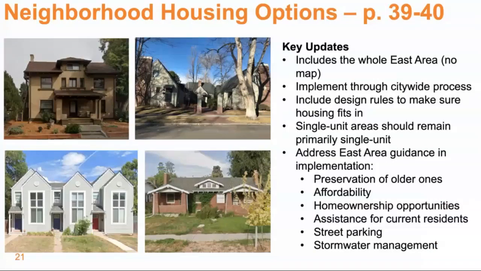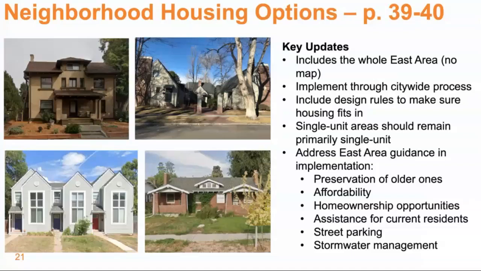We heard from a lot of folks that they felt singled out and that maybe everyone should be able to sprinkle in or integrate more housing and not just certain blocks within the East area.